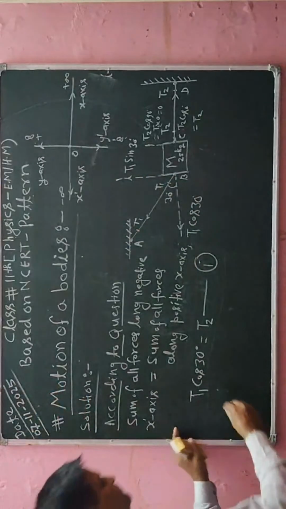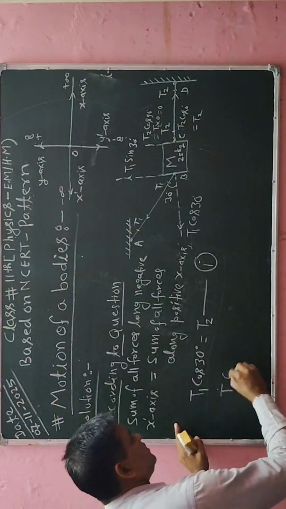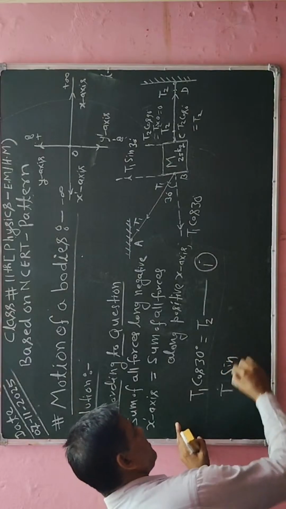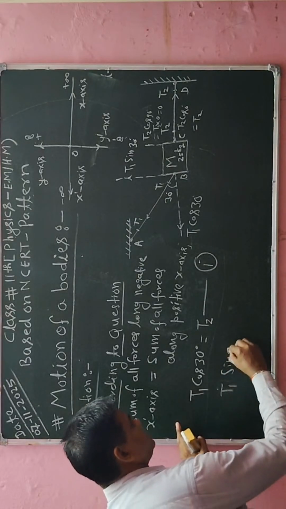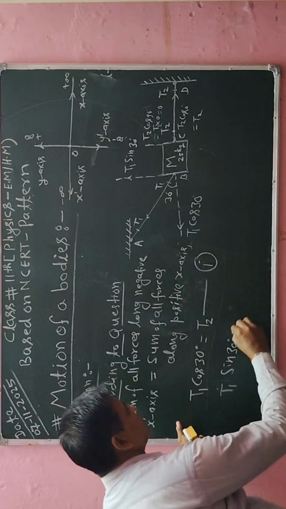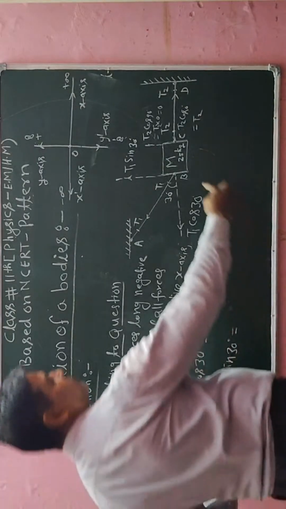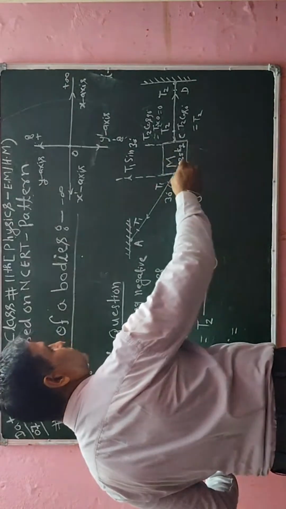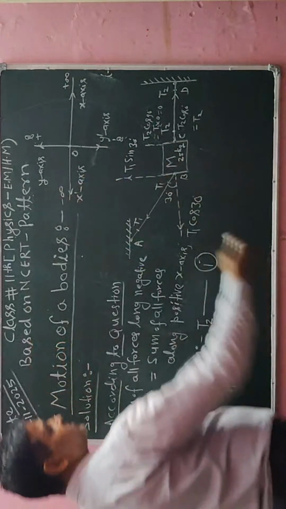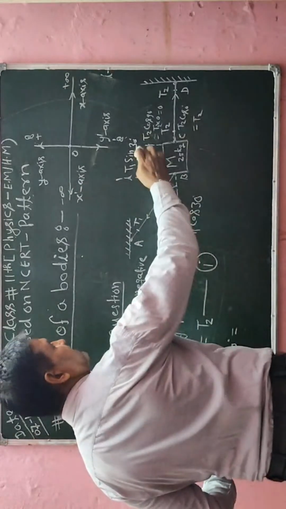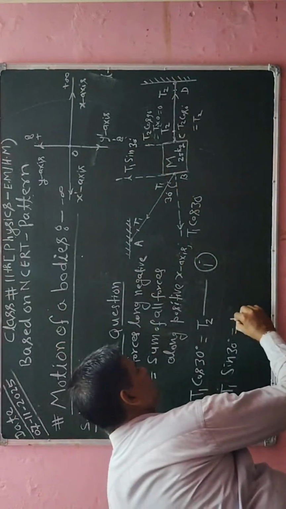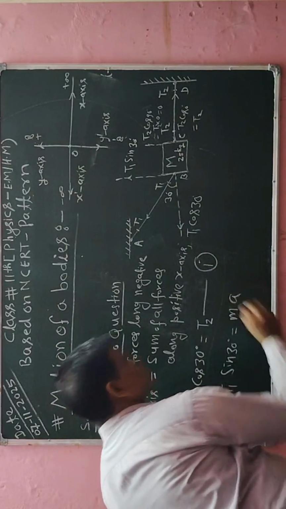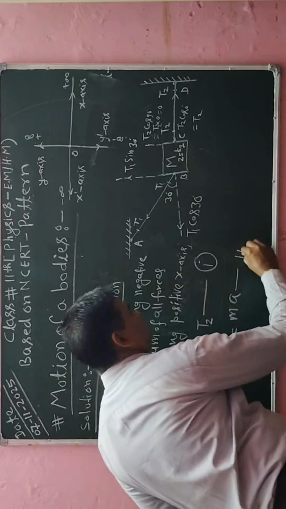So I will say T1 sine 30 degree, which is equal to the moment of this force, it will move in the upward direction. So I will write T1 sine theta, which is equal to mass of the object into acceleration.